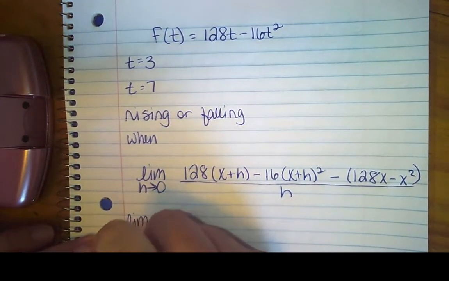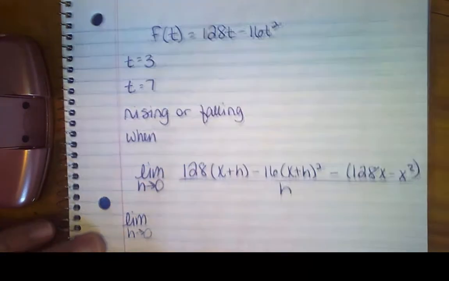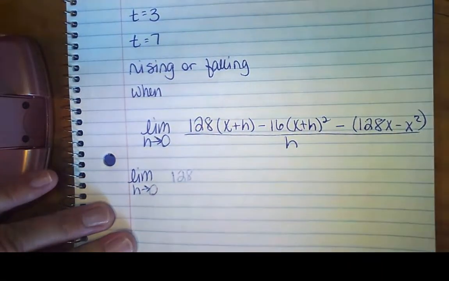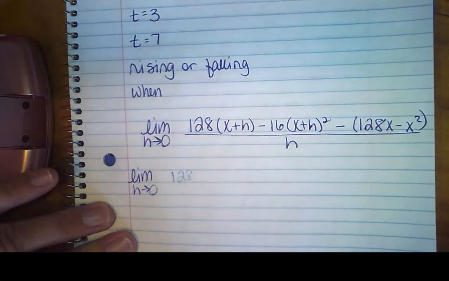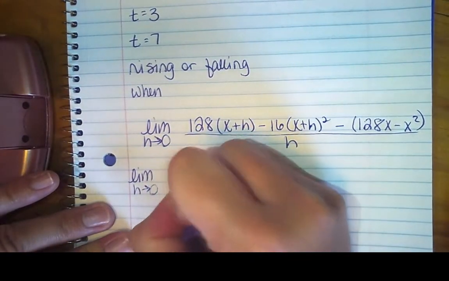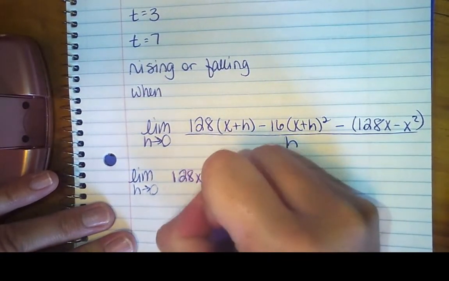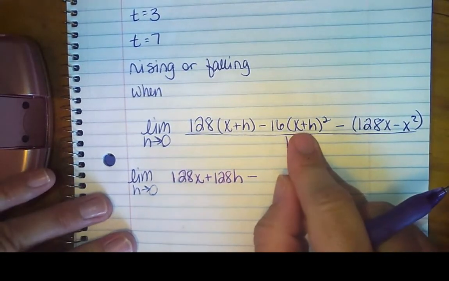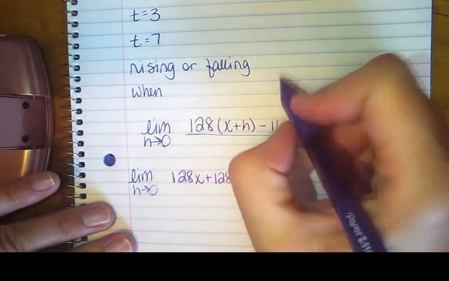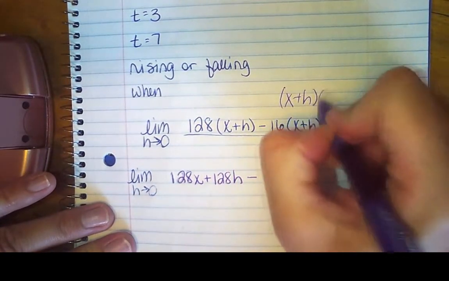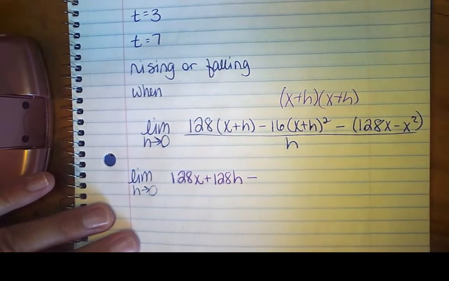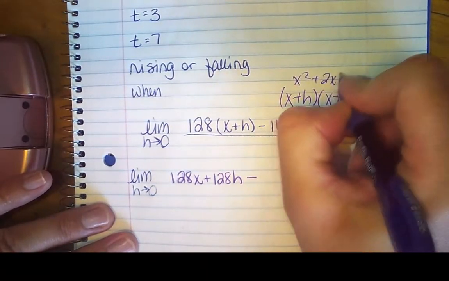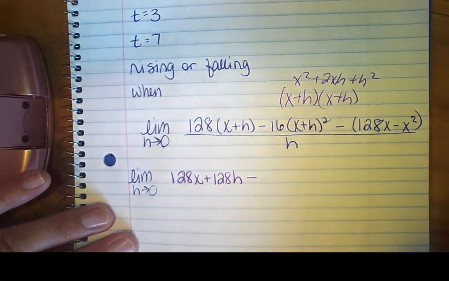So I've got the limit as h approaches 0 of 128x plus 128h minus, okay, remember that this is x plus h times x plus h. So you need to FOIL that out, and that'll give you x squared plus 2xh plus h squared.